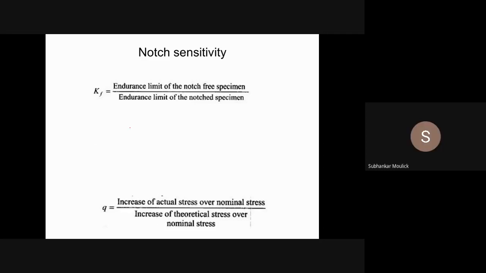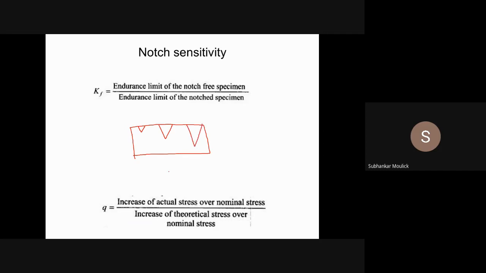For example, assume I have one material. If this material is subjected to fatigue loading, say you have made one notch over here, a second notch over here, and a third notch over here.